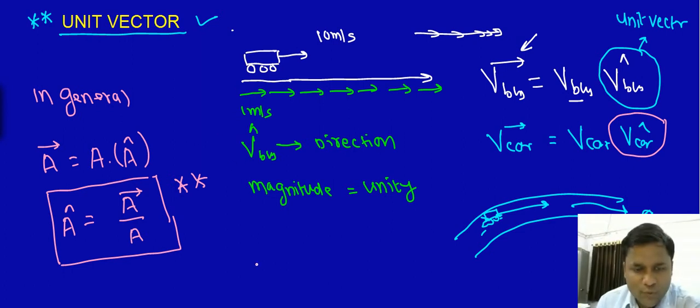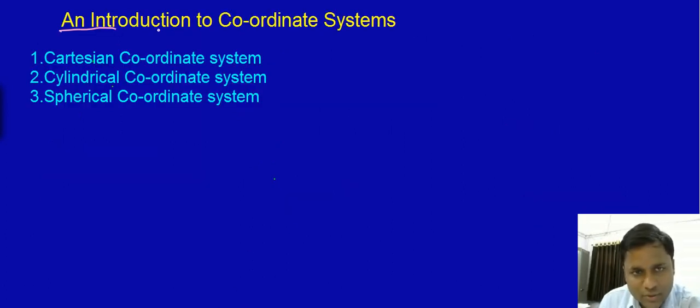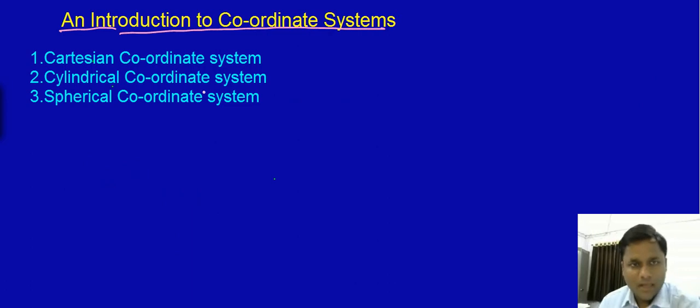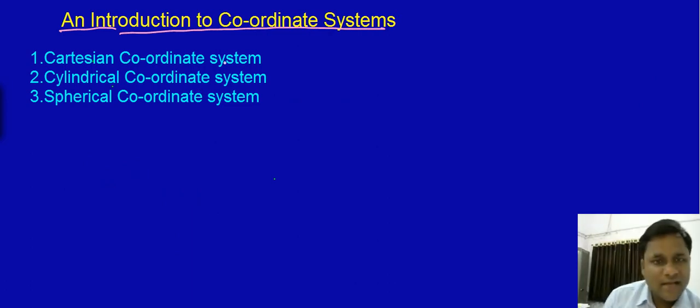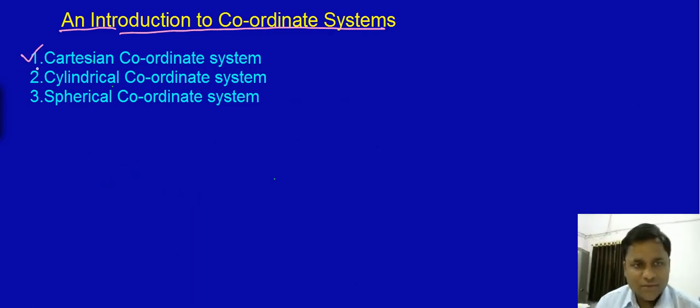Now let us move on to the next part we are going to discuss: an introduction to the coordinate system. In vector calculus, we have three coordinate systems. The first is the Cartesian coordinate system, the second is the cylindrical coordinate system, and the third is the spherical coordinate system.